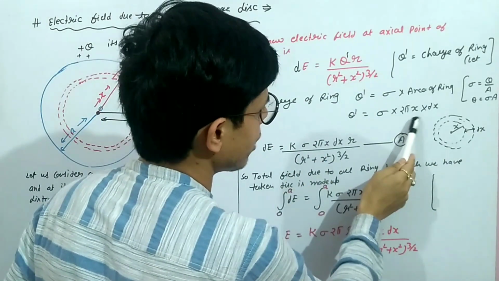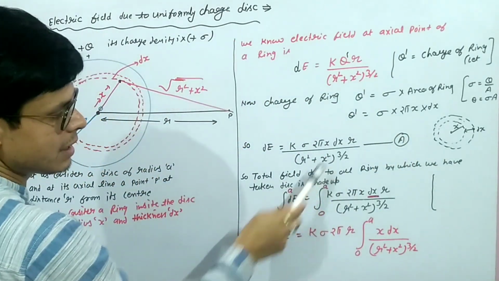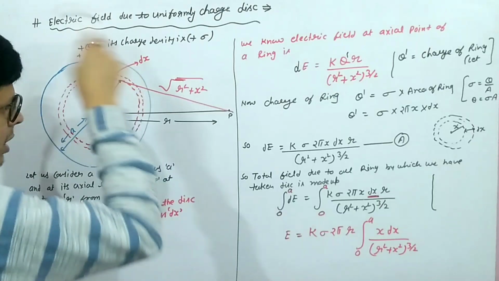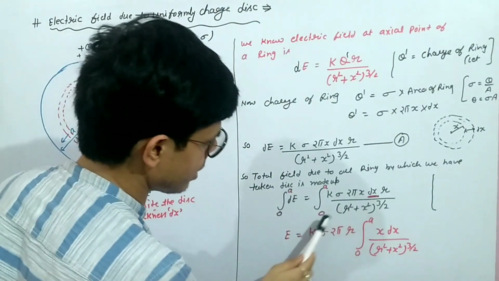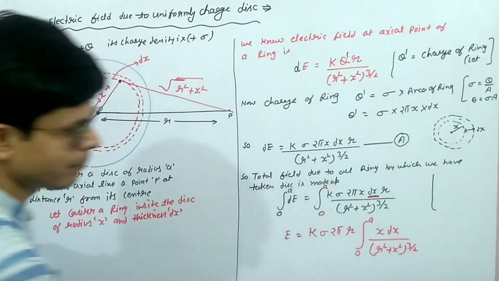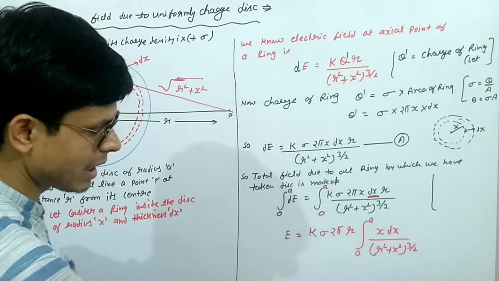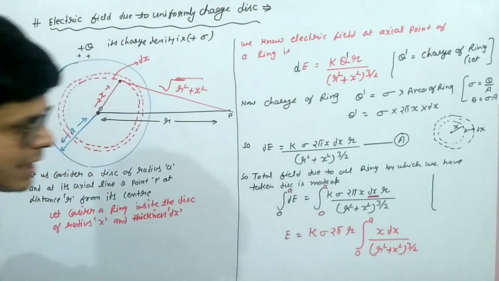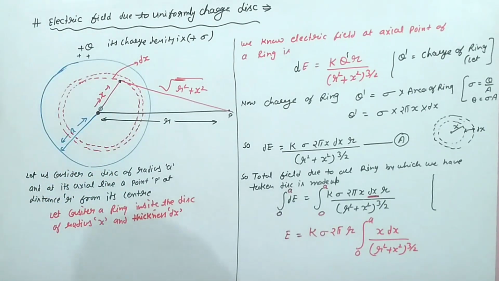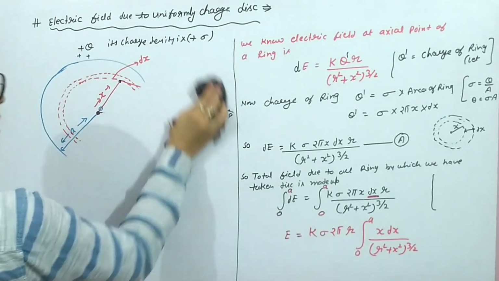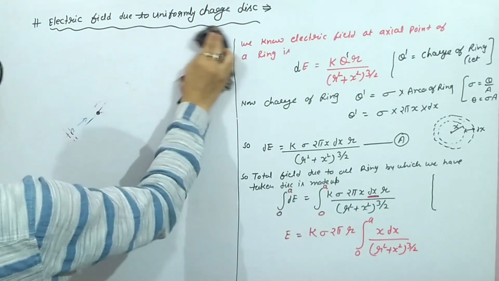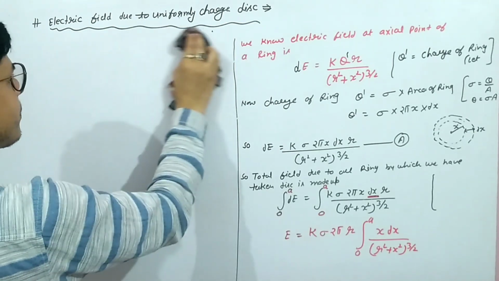Its charge will be found by this formula. Now for all rings we will integrate from 0 to a, because x will vary from 0 to a. Minimum value 0, maximum value a. So now we have to solve this condition. So how will we solve it?